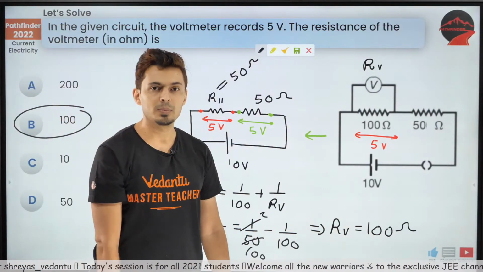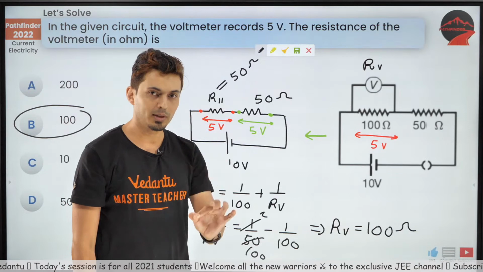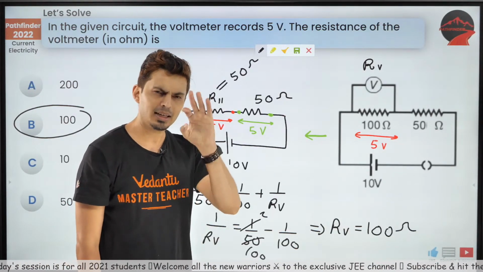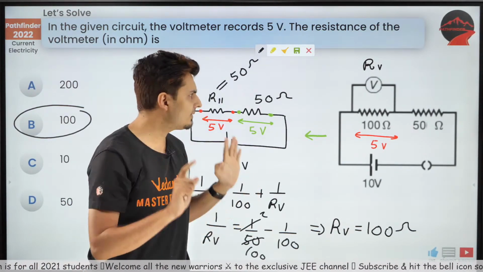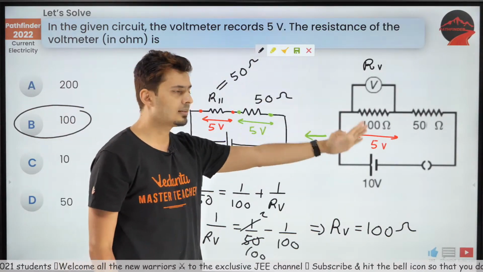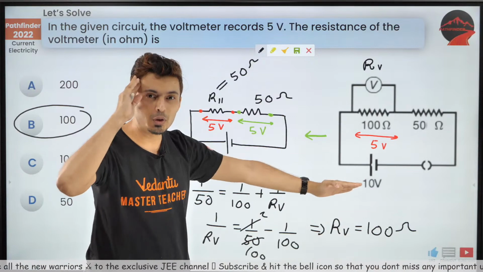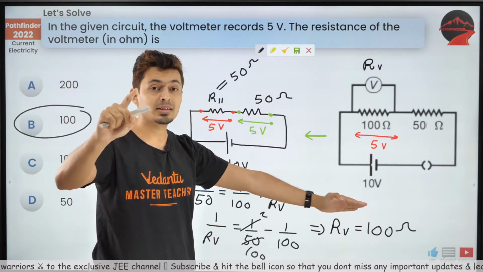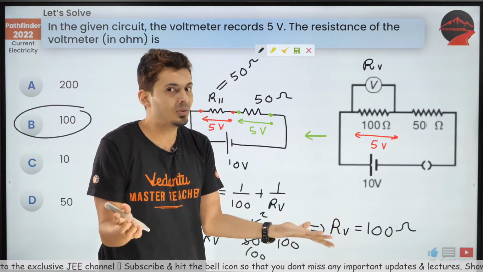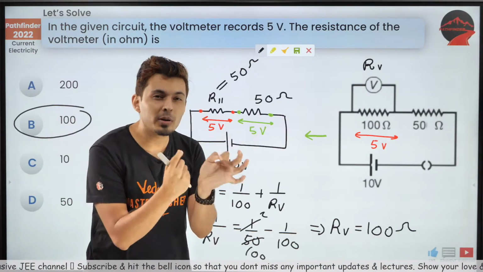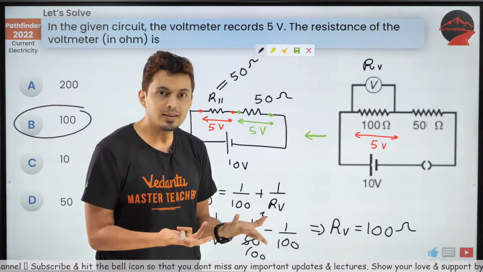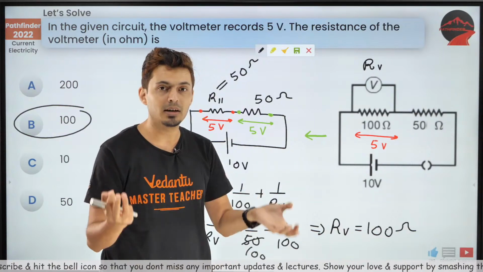Guys, what did you learn from this problem? Treat voltmeter, galvanometer, ammeter like a resistance. Solve everything like you solve the resistance problem. There is nothing apart from that. Some institutes make students memorize by heart a formula for ammeter and voltmeter.